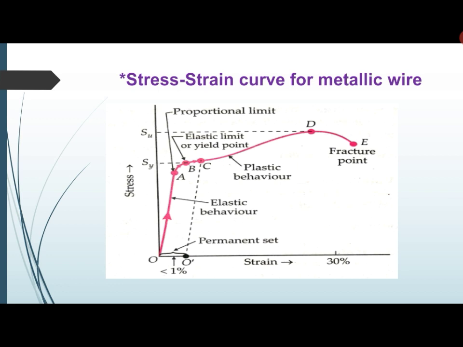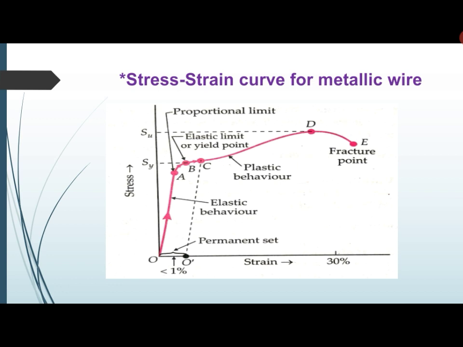So even when we reduce the stress to zero, some amount of strain equal to OO dash is left in the wire. It remains in the wire. So there is a permanent set, or permanent increase in the length, and the wire is said to have acquired a permanent set.